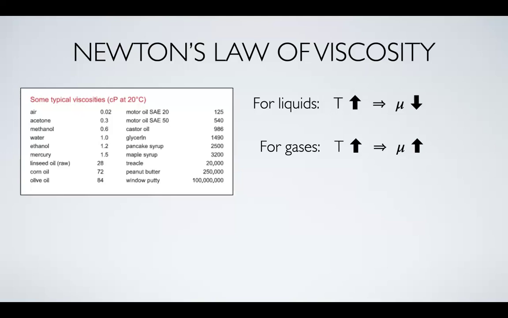So the gas molecules will move around very fast and collide with each other. Once they collide with each other, they are harder to move, and when it's harder to move, the viscosity becomes higher. So the effect of temperature is different for liquids and gases in terms of viscosity.